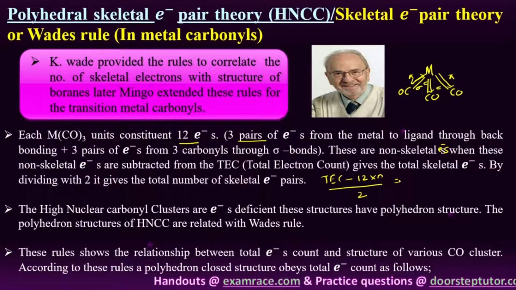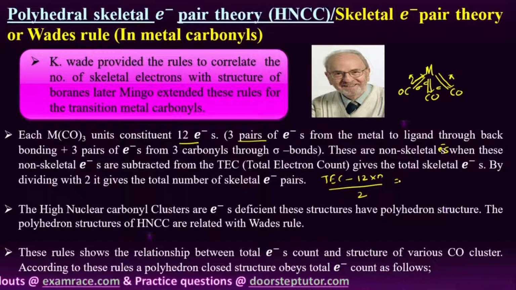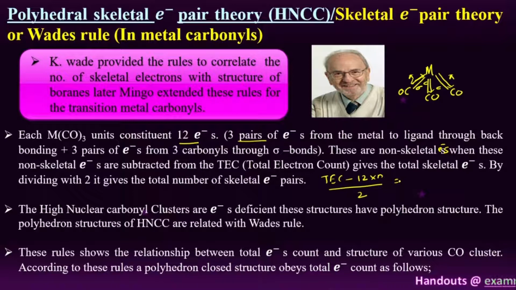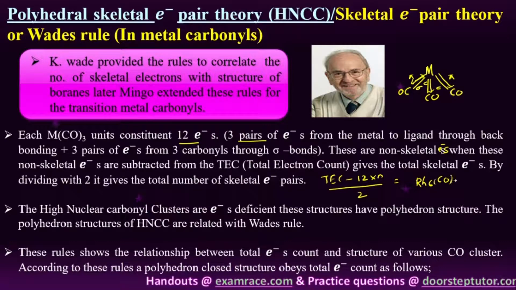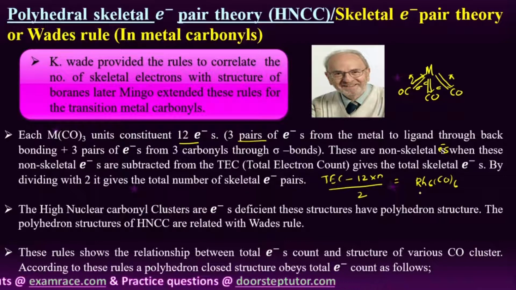What is the total electron count, students? It is the number of metal atoms times their valence electrons, plus the electrons donated by the ligands to the metal atoms. For example, take Rh6(CO)16. Rhodium belongs to the cobalt group.